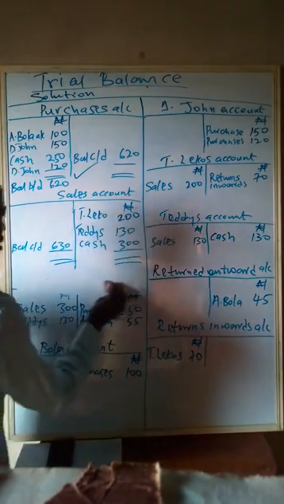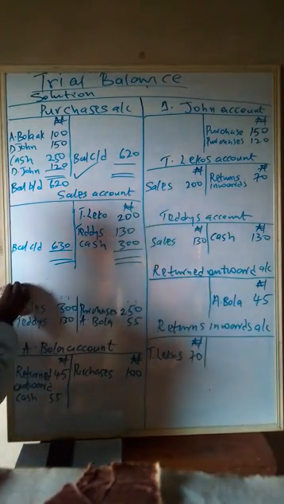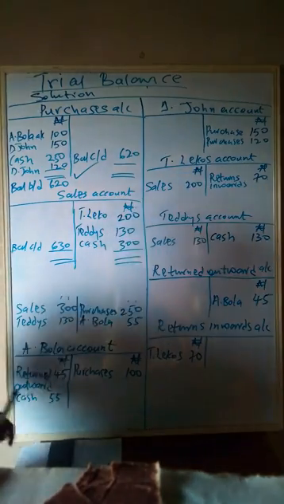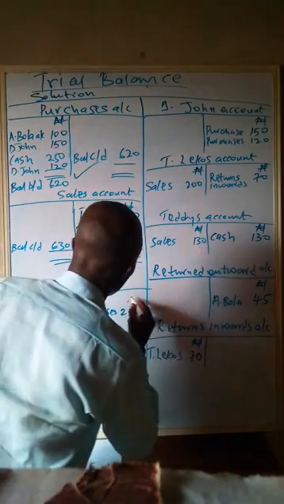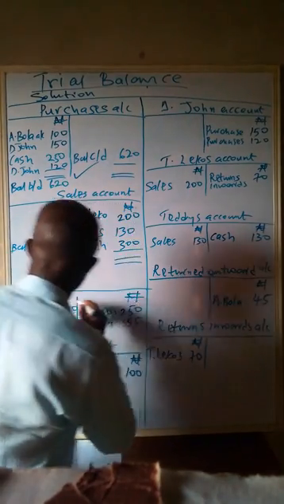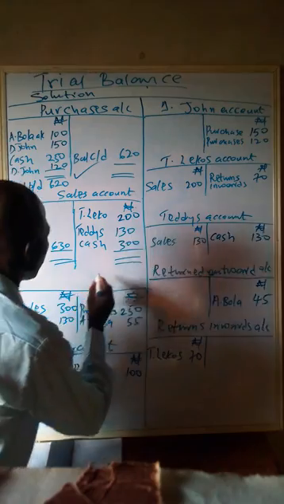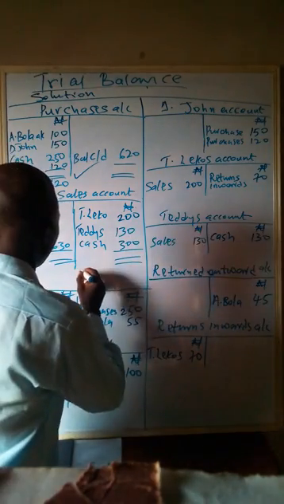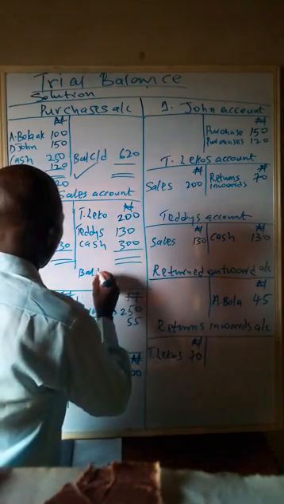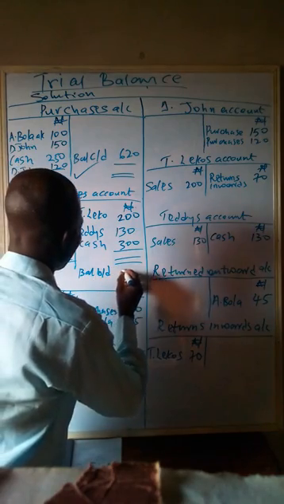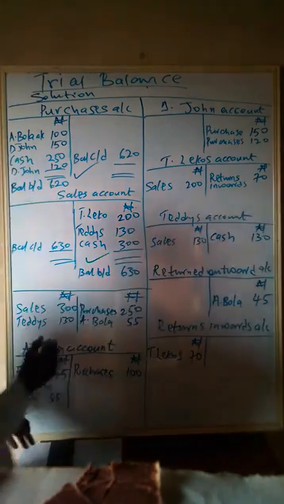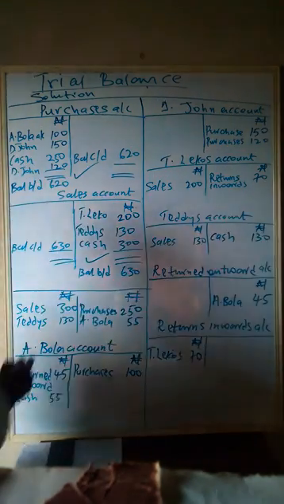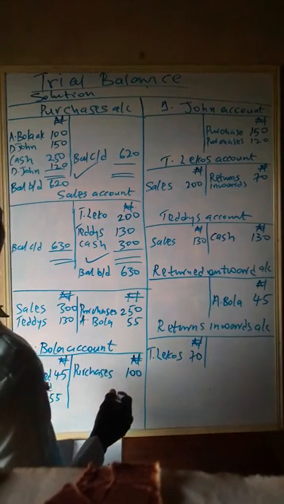Let me adjust it for space sake. So I have my balance b/d here, 630. That means this will go to trial balance.